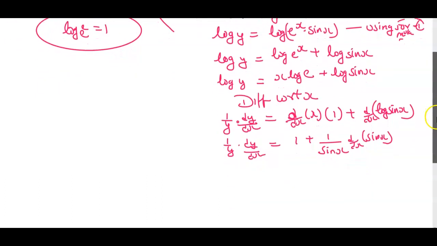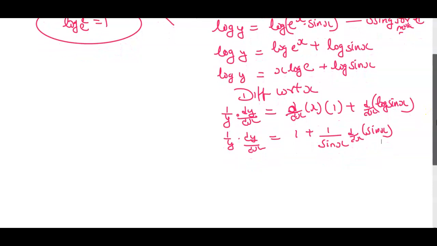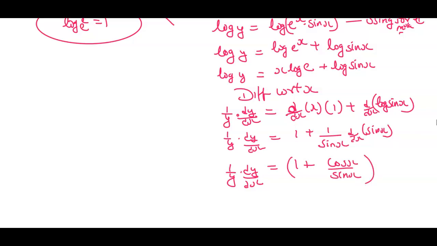Let's move further. It is going to be 1 by y dy by dx equals 1 plus cos x upon sin x. I am shifting this y to this particular side, and internally I am taking the LCM.